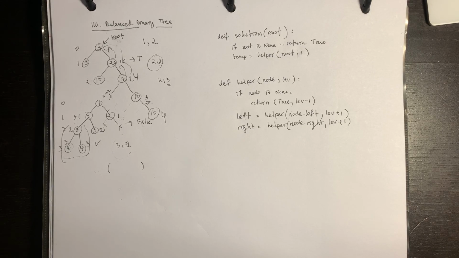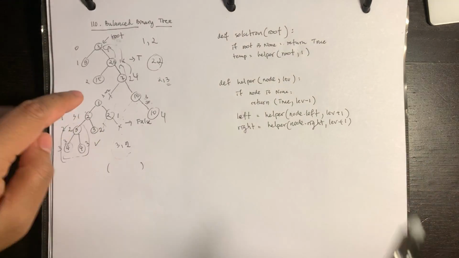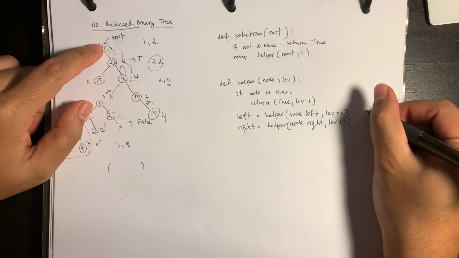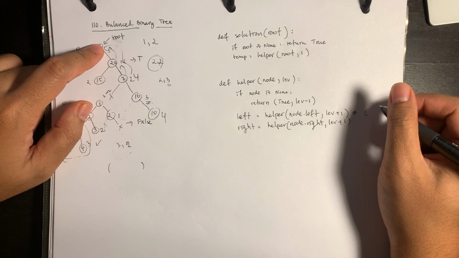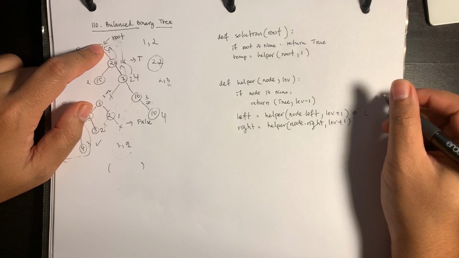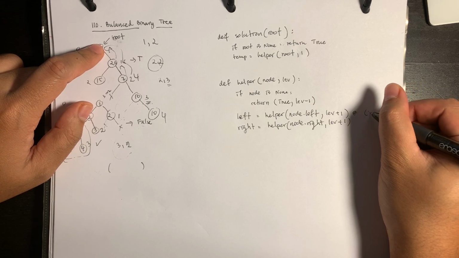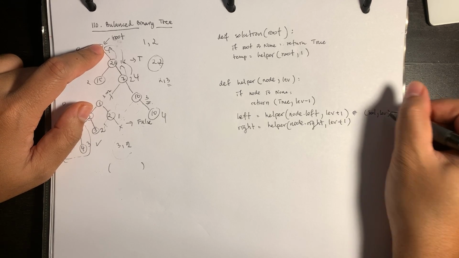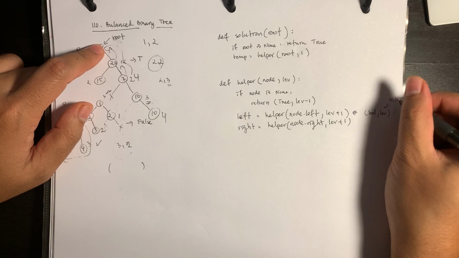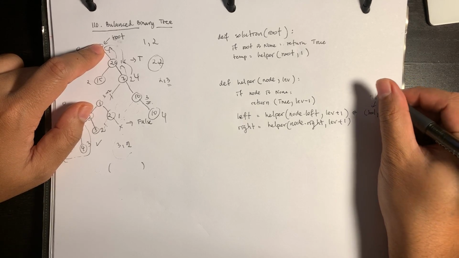And according to my logic right here, I assume that I'm going to get a tuple in terms of a boolean and then a level, which is an integer. This is a boolean, true or false.